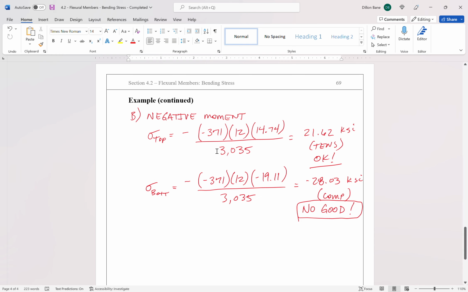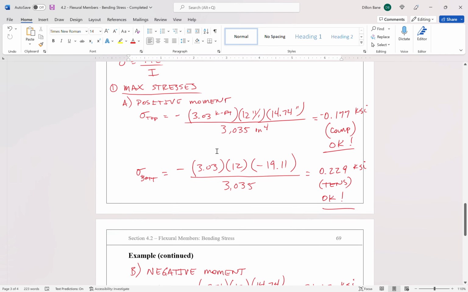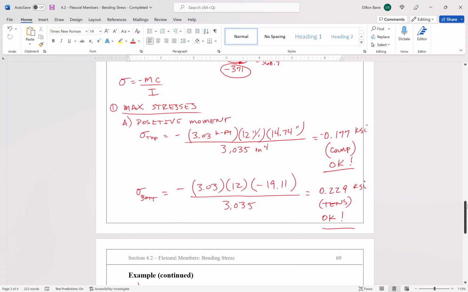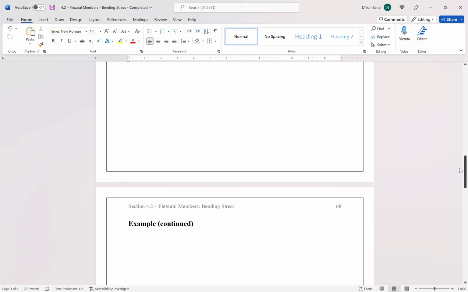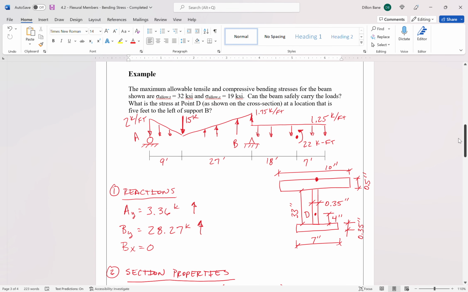All right. So finally, the last part of this example was what is the stress at point D, which is shown on the cross section, 4 inches above the bottom flange, at a location that is 5 feet to the left of support B, right?